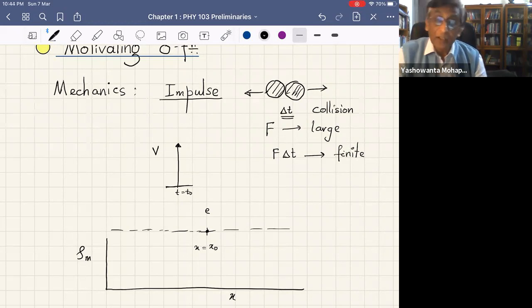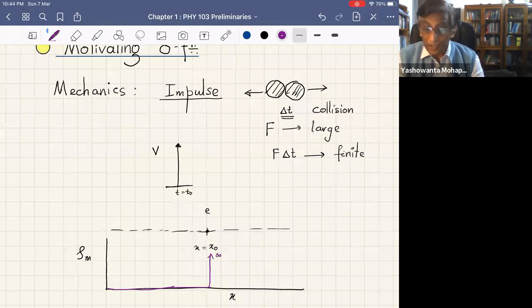So what will happen? This will be, of course, 0. I'm plotting the density 0, and then what happens when I reach x naught? Suddenly the density shoots up. Since it is over a negligible space delta x, this goes to almost infinity, and then comes down and is again 0.